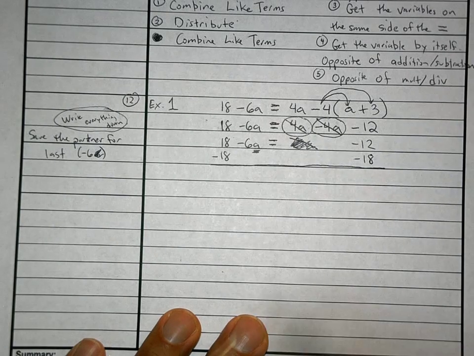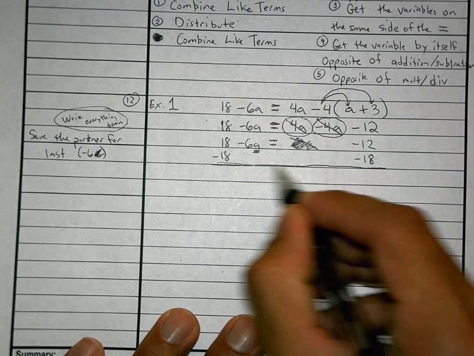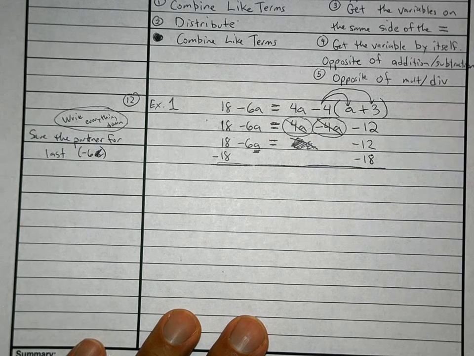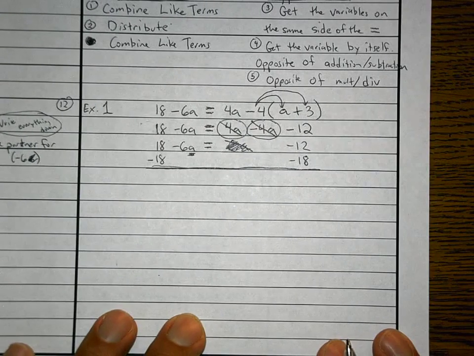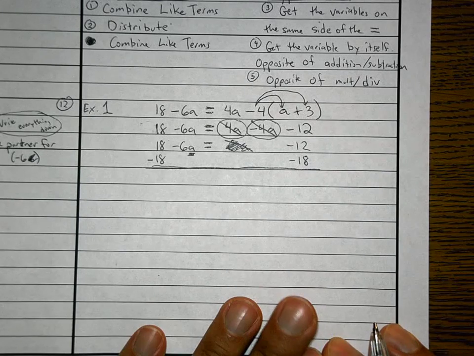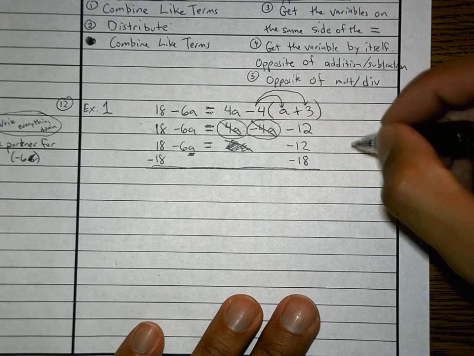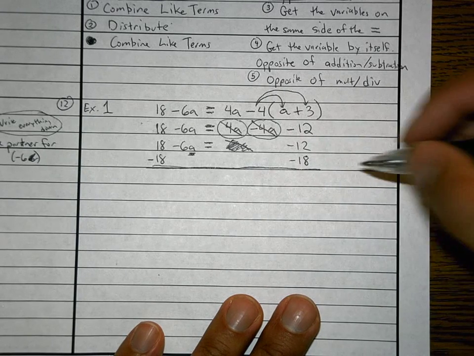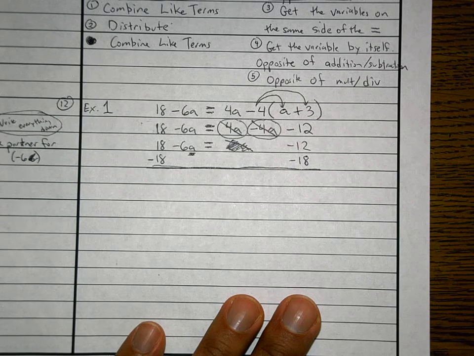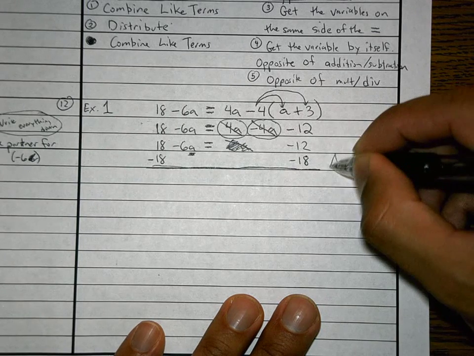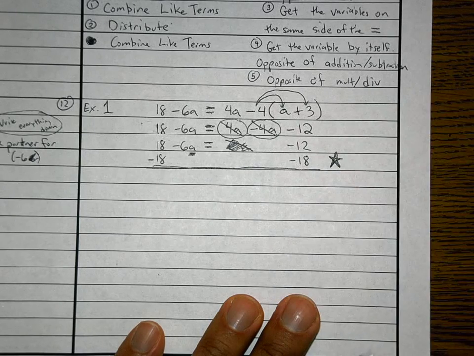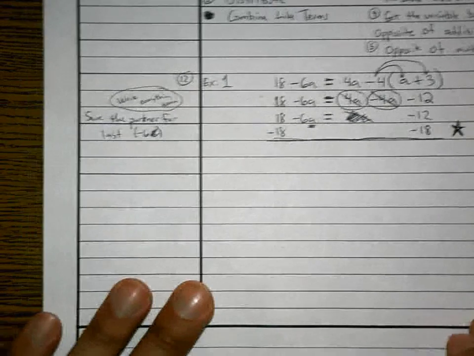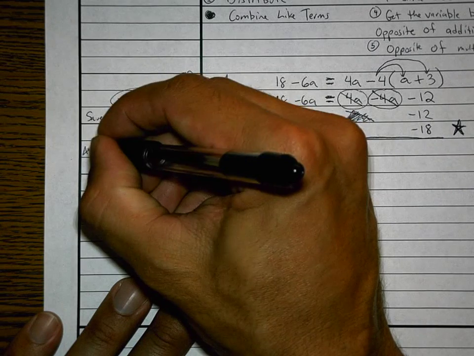And then I'm going to draw this line like this because I'm going to put things together. And we're using a rule of algebra here. We're using a rule that says whatever you do to one side of the equal sign, you do to the other. It is the fundamental principle of algebra. So I'm going to put a little star right here.